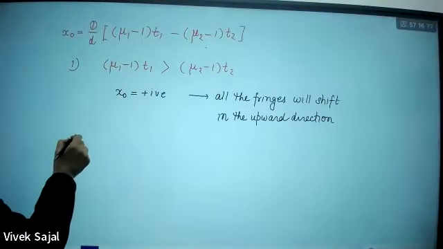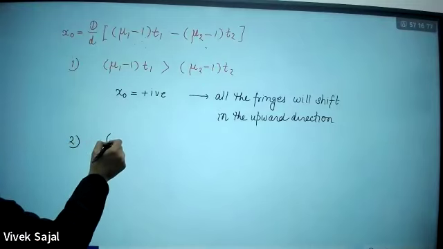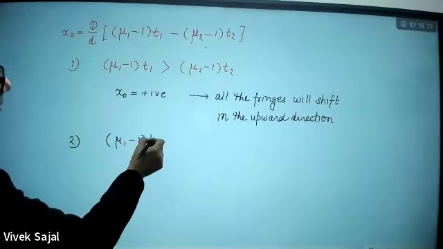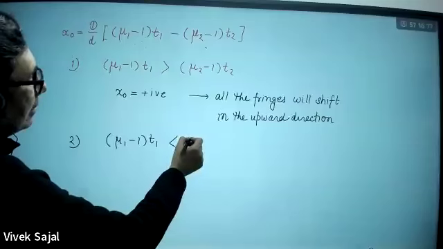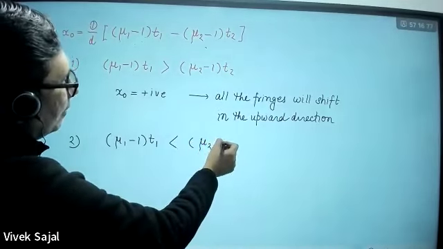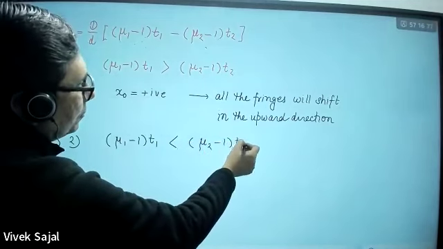Now second, suppose this mu1 minus 1 into T1 is less. More extra path is introduced by the second plate in front of S2.